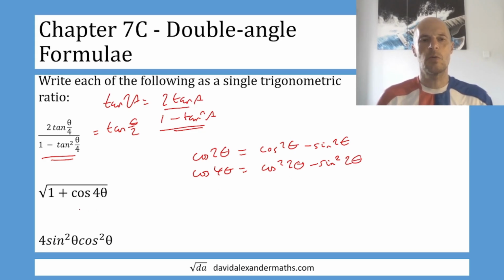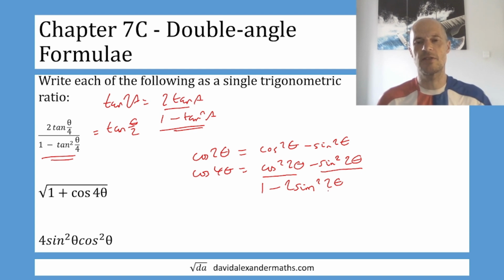Now I'm not really sure at the moment which I'm going to change, so let's just play around. I know that I can turn this into 1 minus 2 sine squared 2 theta. So the cos of 4 theta is 1 minus 2 sine squared 2 theta. If I add the 1 to that, I get 2 minus 2 sine squared 2 theta.